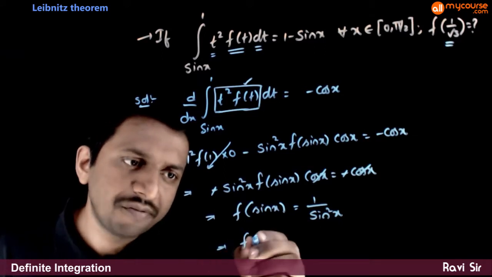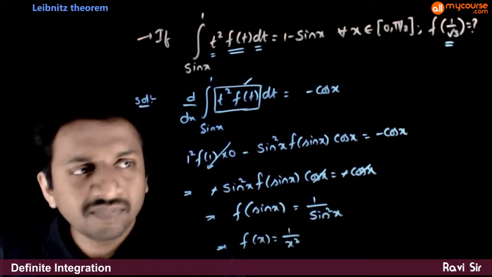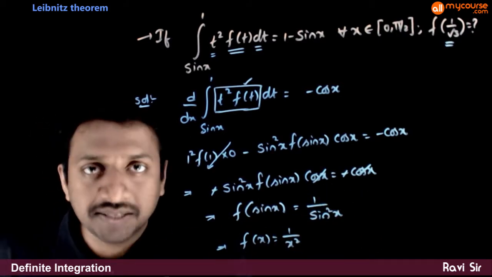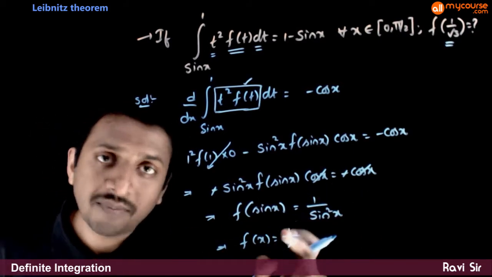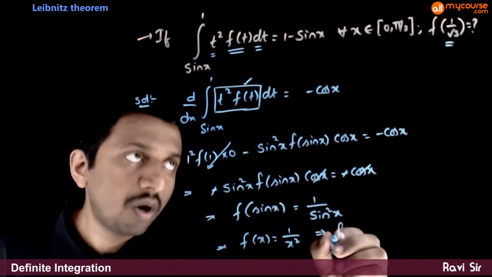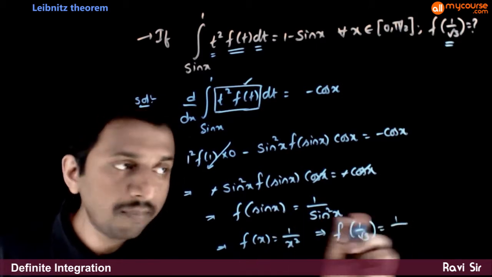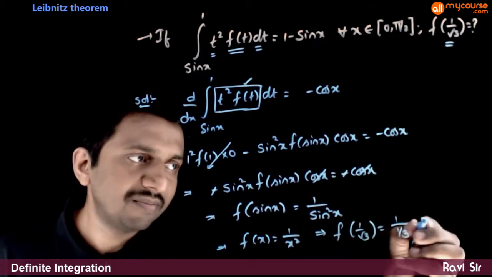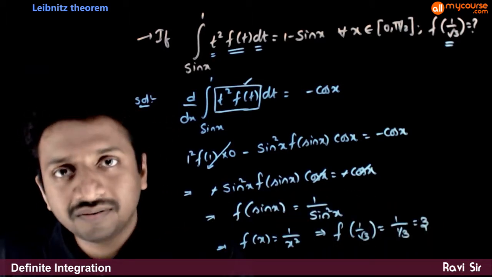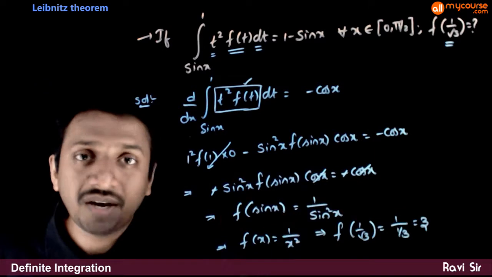This implies f of x is equal to 1 by x square, right? If x goes in, 1 by x square comes out. So once you get f of x, what is f of 1 by root 3? 1 by root 3 whole square is 1 by 3, so 1 by 1 by 3 is equal to 3. So f of 1 by root 3 will turn out to be 3.